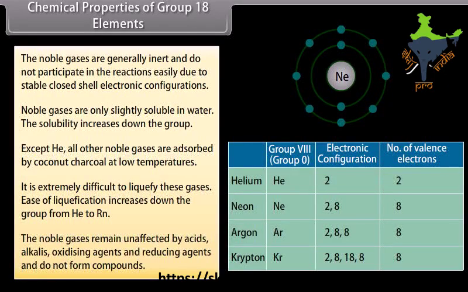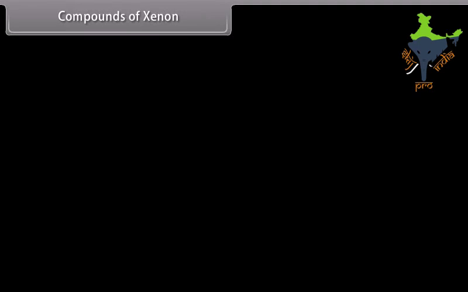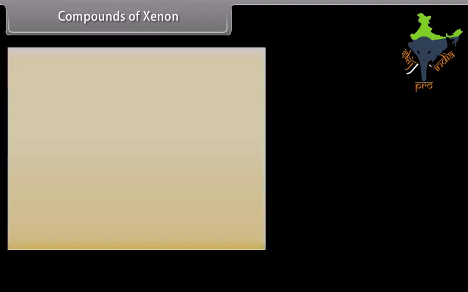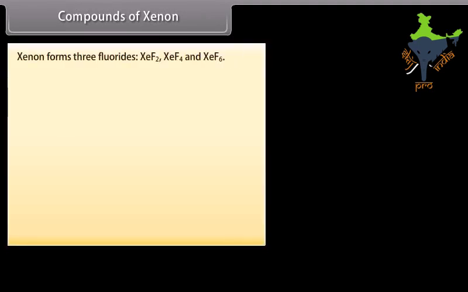The noble gases remain unaffected by acids, alkalis, oxidizing agents and reducing agents and do not form compounds. Compounds of xenon. Xenon forms 3 fluorides, XeF2, XeF4 and XeF6.